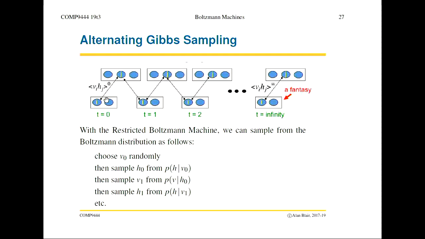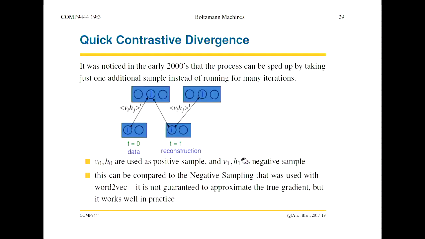Let's say we start with a real image, generate hidden units, go back to visible and generate hidden units again, and we'll just try to increase the probability of this pair and decrease the probability of this pair. This is what's called quick contrastive divergence, and it was found that this actually gives pretty reasonable results. So these first two things are used as the positive example, the next ones are used as the negative example.